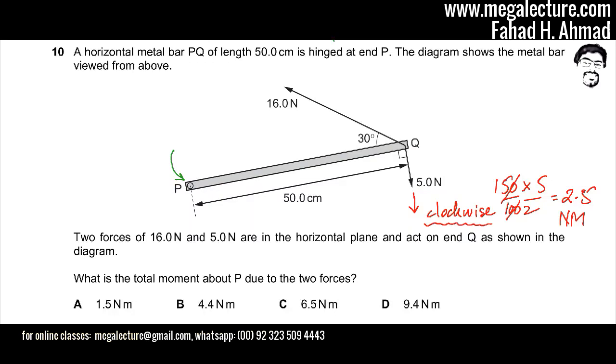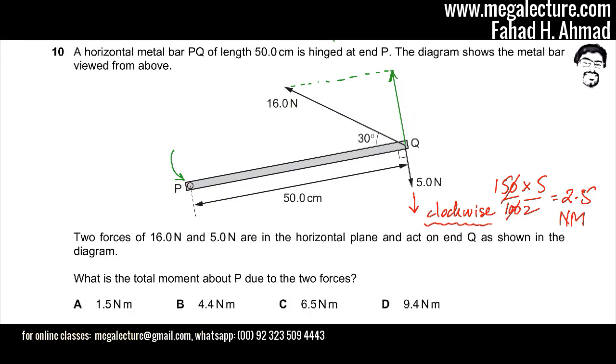Now for this other force, we first need to find the perpendicular component of this force that is acting at this point from the pivot. So this is the ruler, and we need to find the perpendicular component of this force. So what we are going to do is that I've constructed this triangle now, and I'm going to try and find the perpendicular component of this particular force, the 16 Newton force.